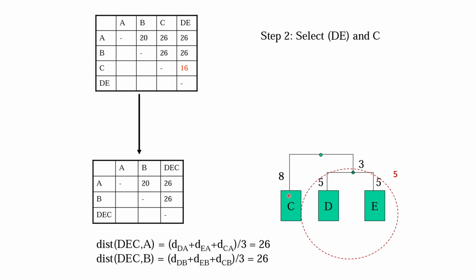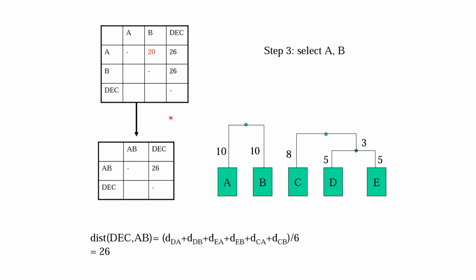So we give this branch 8, and here this whole thing we already have 5. So this has to add up to 8. So we give the branch to this internal node a value of 3. So again, recomputing, we now merge D, E, and C together. So merging it, we have again 26 here, and these 26 is merged here.